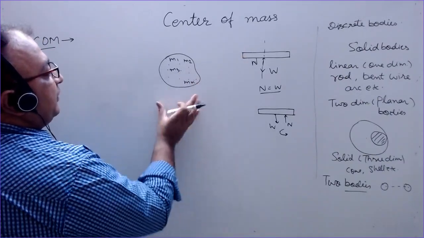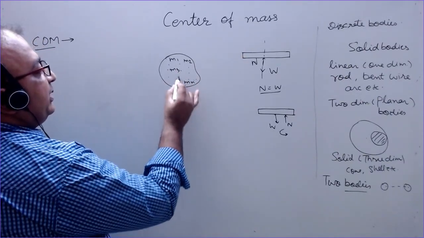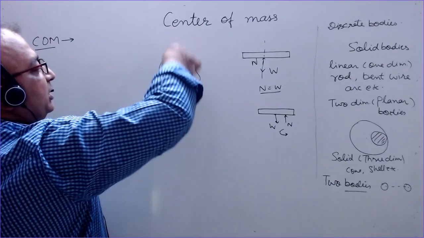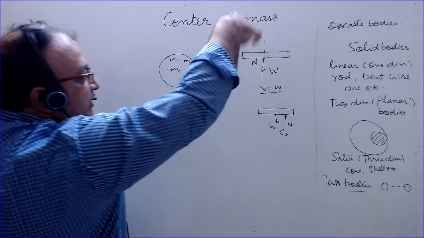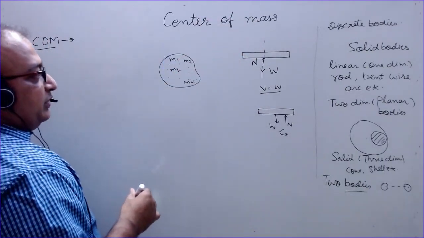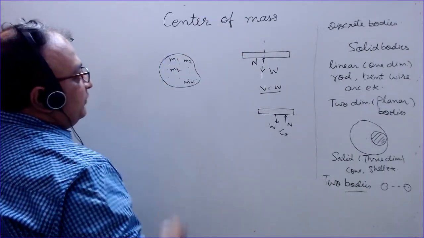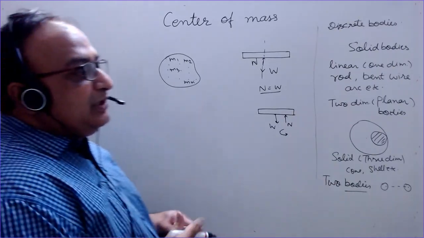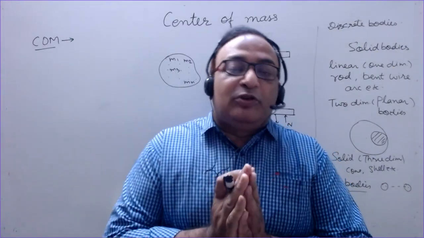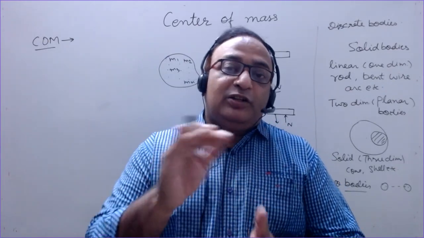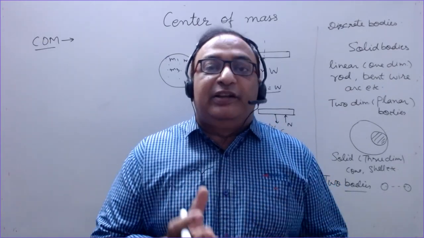So if I put it like this, then gravity is applying force on each particle in the downward direction. Similarly here, here, everywhere the gravity force is acting in the downward direction. Then why do we say that the mass is concentrated at one point? This is because we say that the resultant of the gravity force is acting at this point.